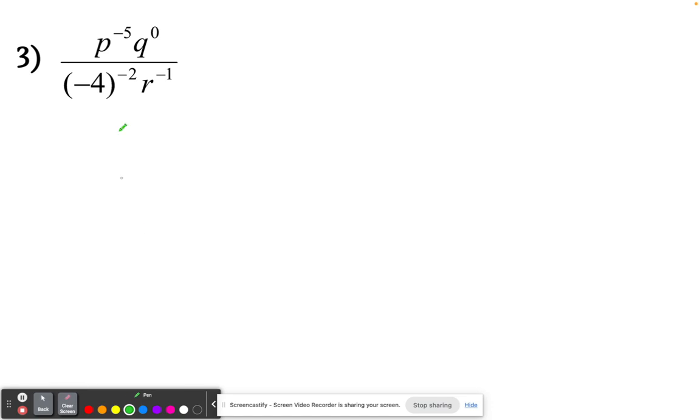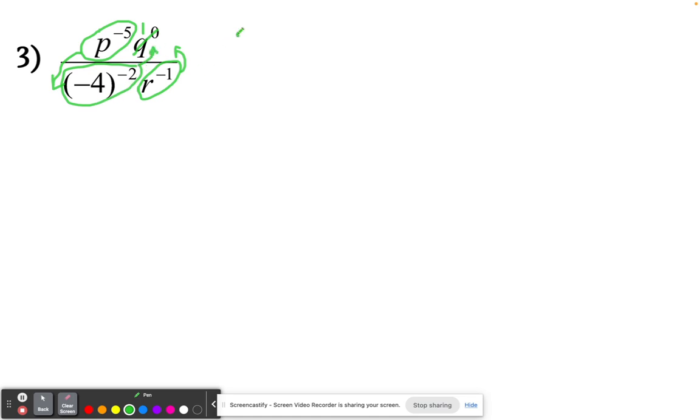Okay, another example. My p to the negative 5 will go downstairs. Q to the 0 power is just 1, so I can pretty much ignore that. My r to the negative 1 will go upstairs. And my negative 4 raised to the 2nd power will also go upstairs.